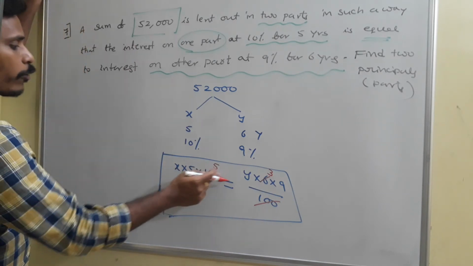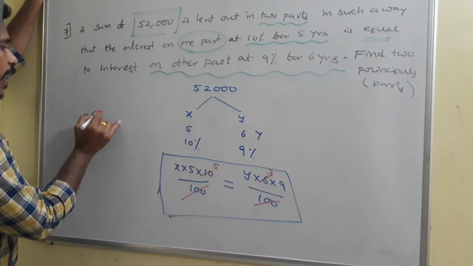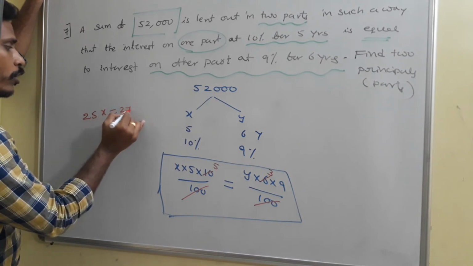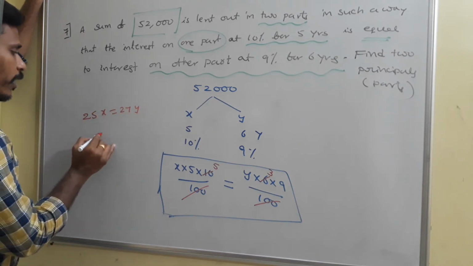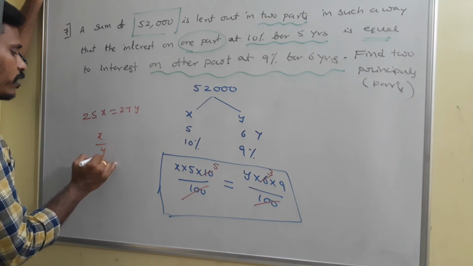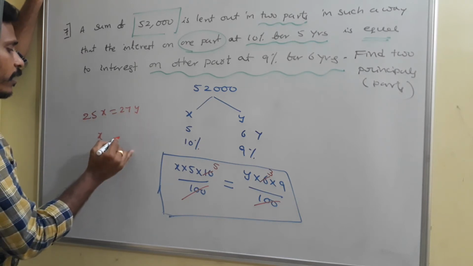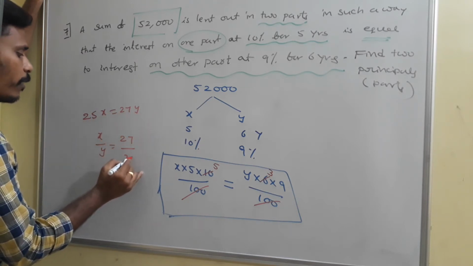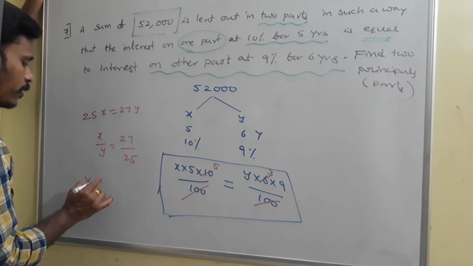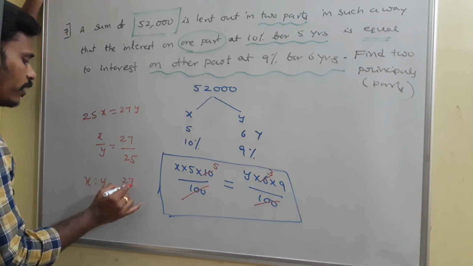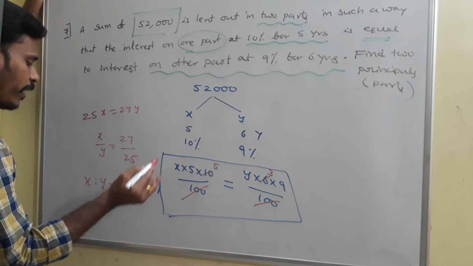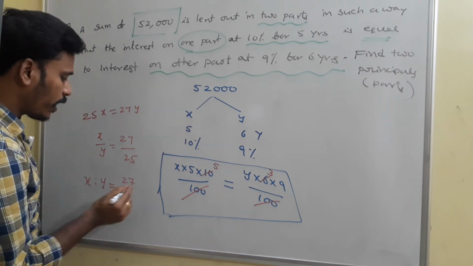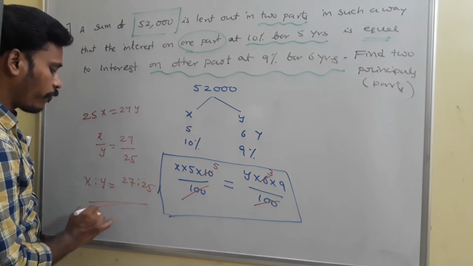At the end we have 25x equals 9 into 3, which is 27y. That means x by y is equal to 27 by 25, so x is to y is 27 is to 25.